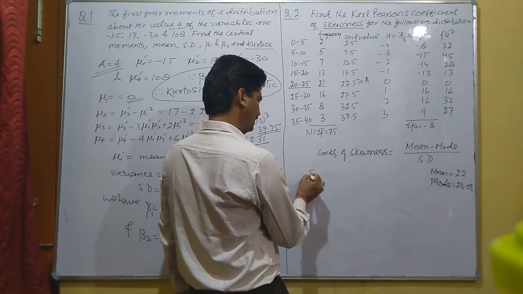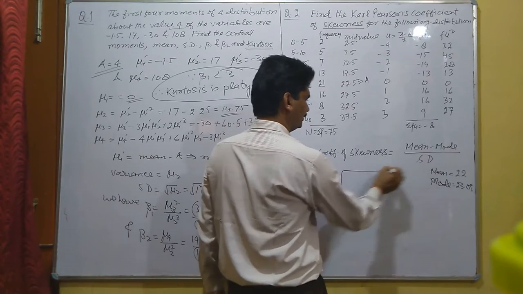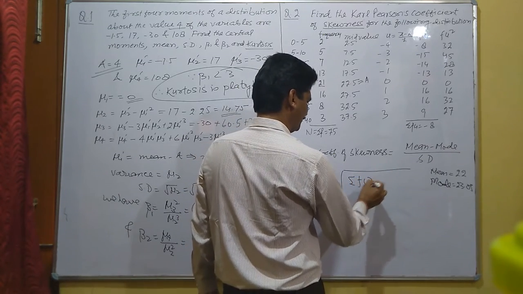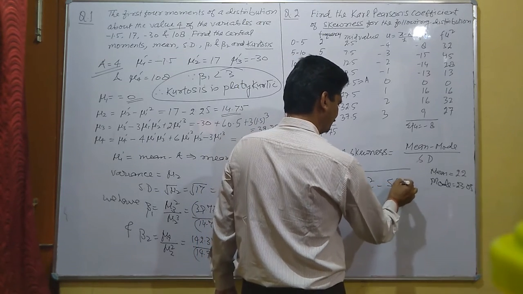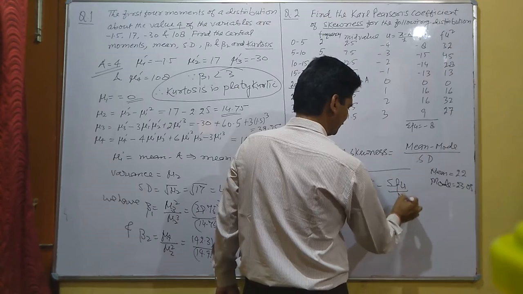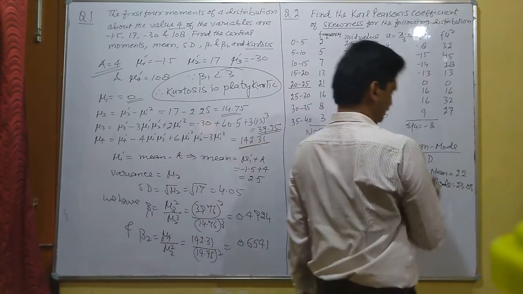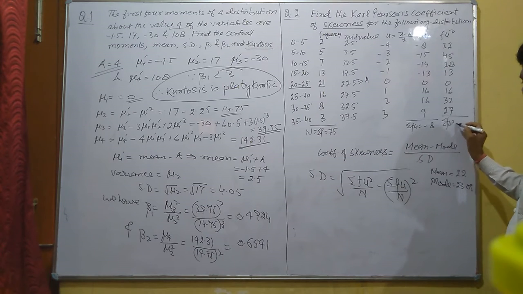There is a formula to calculate standard deviation: under root sigma fu square upon n minus, sigma fu upon n whole square. So sigma fu is clear. Now sigma fu square, all are positive.